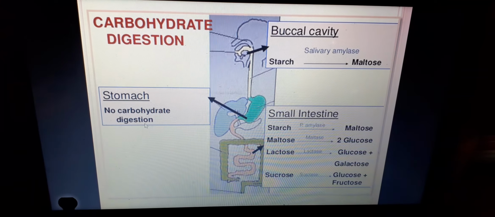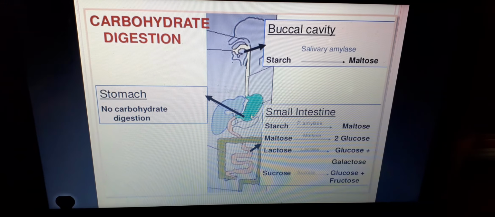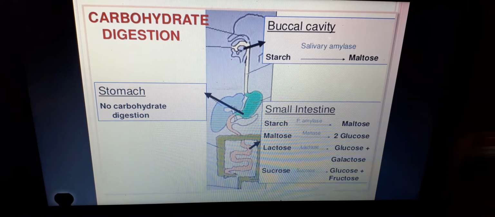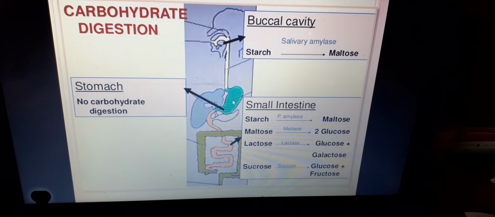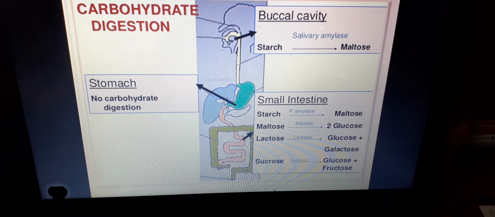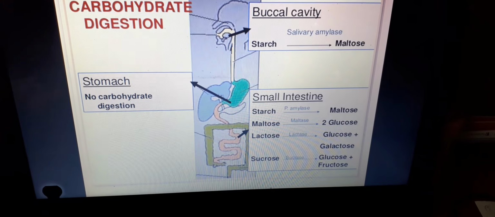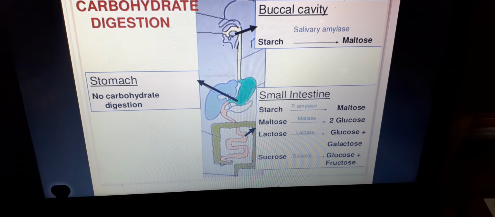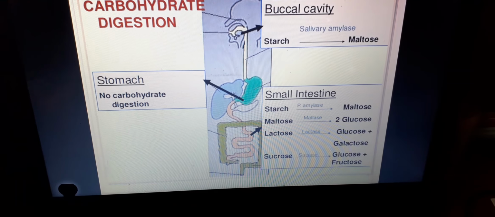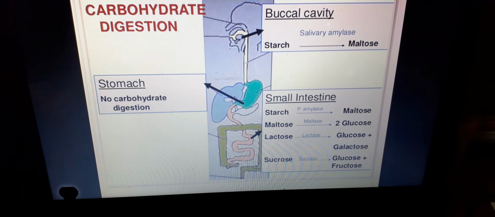no carbohydrate digestion, but the digestion of proteins takes place inside the stomach. The gastric juices are secreted inside the stomach, and these digestive juices contain mucus, hydrochloric acid and digestive enzymes. The mucus protects the stomach lining from the action of enzymes and acid.